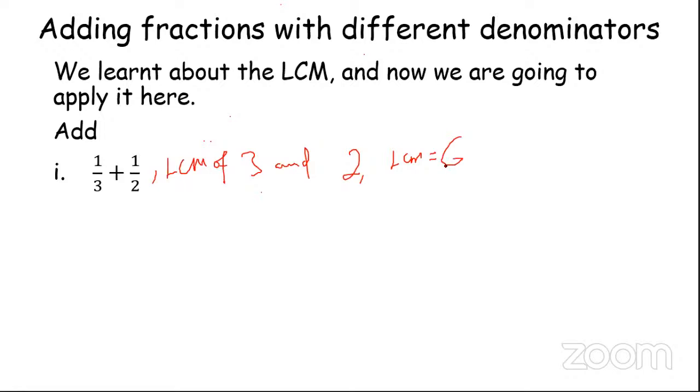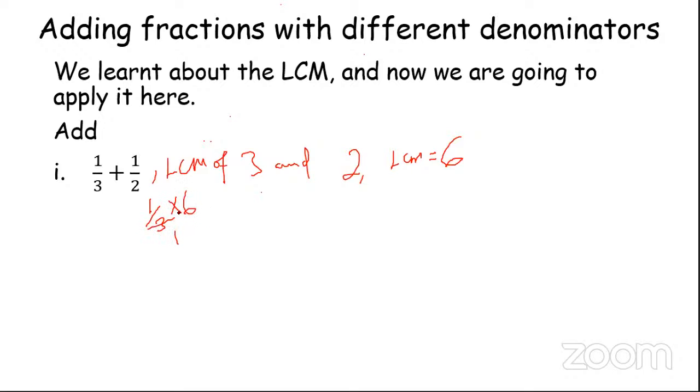It is 6. So after getting the 6, what are we going to do with the 6? We are going to multiply each fraction times 6, and then we add. Okay, so 1 out of 3 times 6.